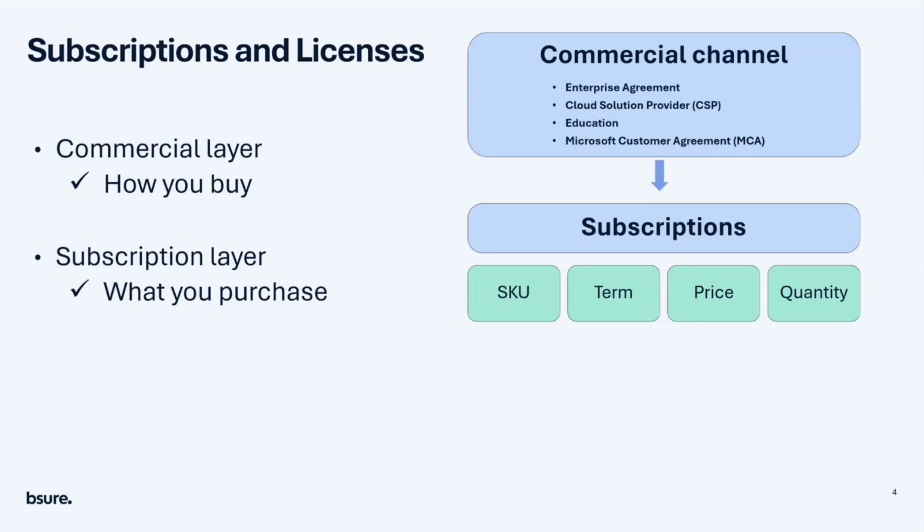What you purchase is a subscription. And the subscription includes a SKU, meaning the product. We'll take a look in more detail at that one in the next slide. But what's important is that a subscription has a term. The term defines the length of the contract. The most common ones are monthly, annual, and there are also some multi-year terms available for some of the SKUs.